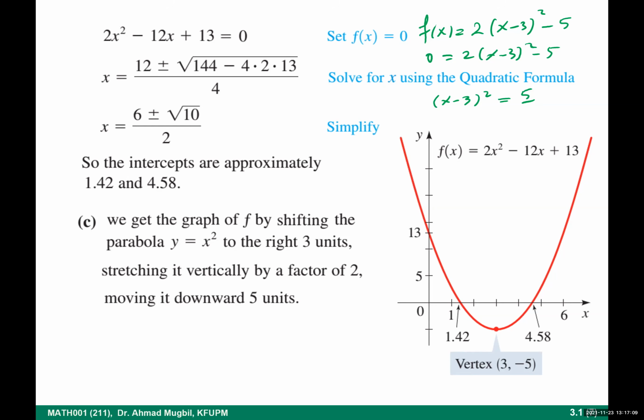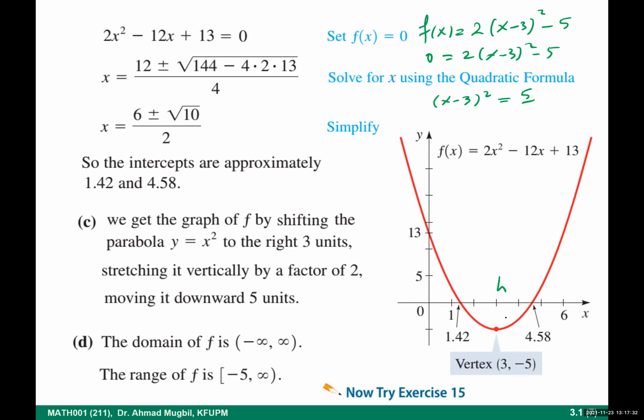We will mention this in the next slides. Also, you can know where it is increasing and where it is decreasing. It is increasing from where to where? From h to infinity, from 3 to infinity. It is decreasing from negative infinity to h, to 3. Here it is.